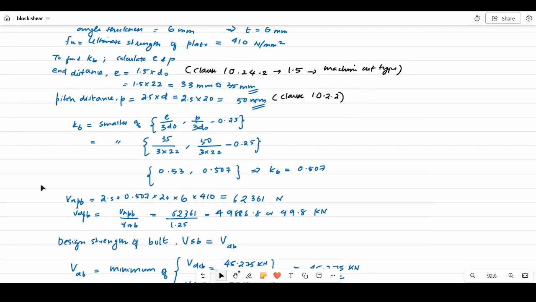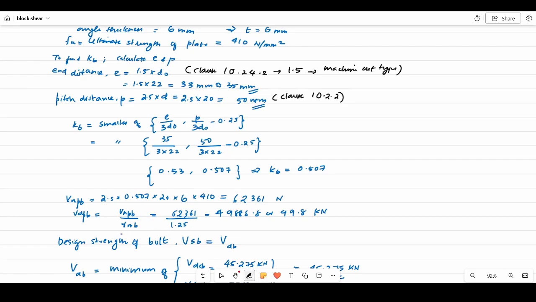Now we will substitute everything back into the nominal bearing capacity of the bolt: 2.5 into kb, which is 0.507. The nominal diameter of the bolt is 20, and 6 is our minimum plate thickness, multiplied by the ultimate strength of the plate, 410, and I am getting an answer of 62,361 divided by the factor of safety of the bearing type bolt, which is 1.25.